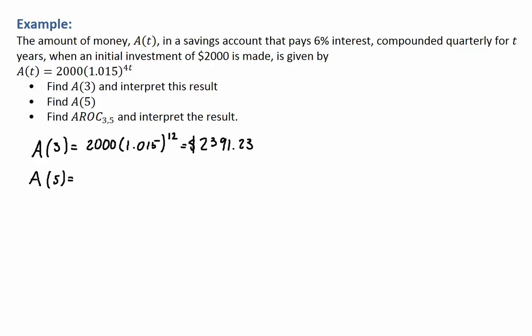Sorry, before I move on to the next step, it says interpret this result. This is the amount of money, or dollars, in the account after 3 years, or at year 3.